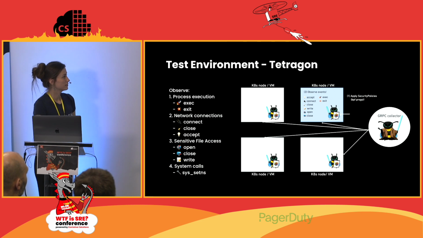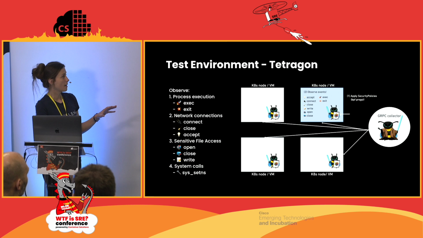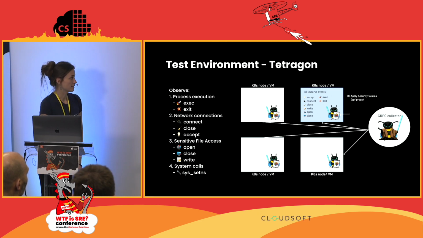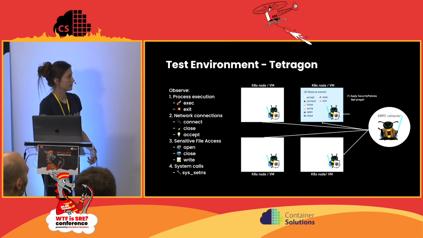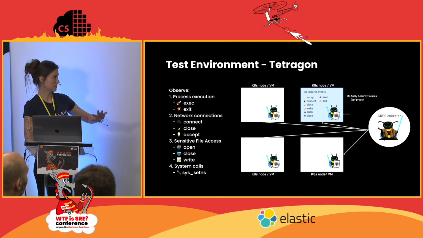So Tetragon is running as a daemon set on that one node Kubernetes cluster, and it's observing certain events that are executed on that node. Since we are in the Linux kernel, we have visibility into the node, so we can detect the host events as well as the Kubernetes events.